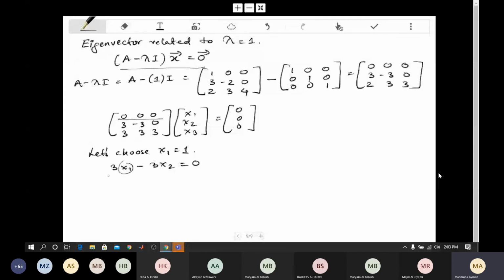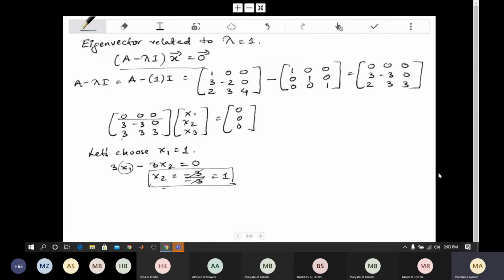And we know the value of x1 is 1, so if we replace that, we'll get x2 is 3 divided by 3, which is equal to 1. So x2 is equal to 1.